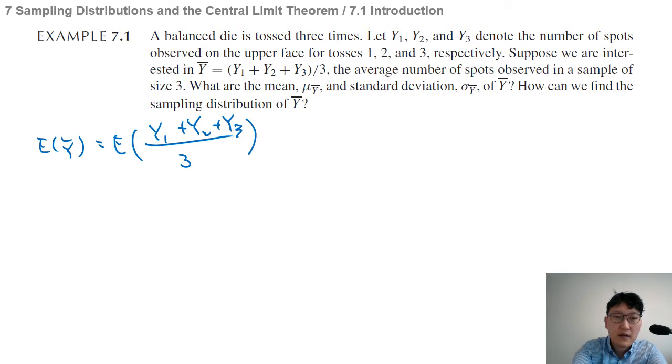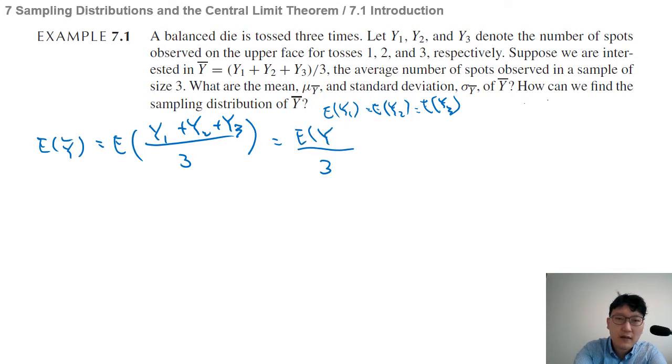The expected value of y1 is the same as that of y2 and y3, so this is one third times 3 times E of y1. The expected value for one die should be 3.5, because for one die the values are 1 to 6 and every probability is 1 over 6.